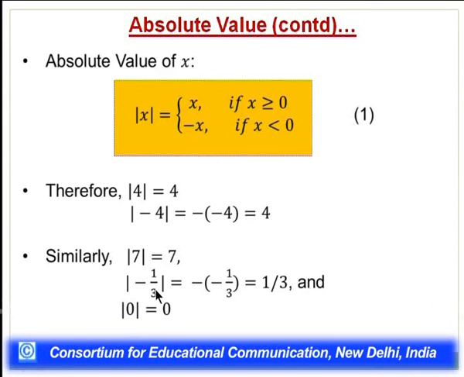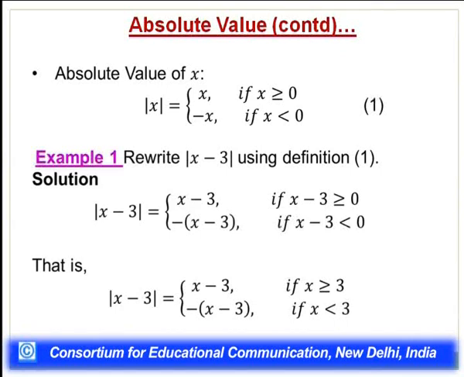The absolute value of -1/3 will be the distance between -1/3 and 0 on the number line. So that will be 1/3, and that will be given by minus of -1/3. Finally, the absolute value of 0 is 0 itself, because you are bang on 0.